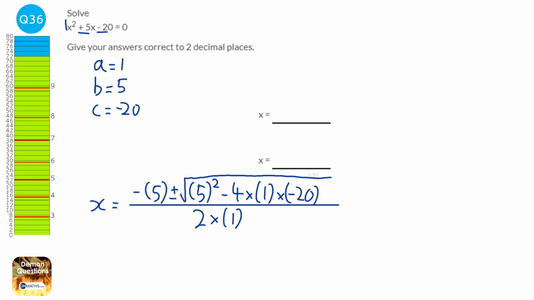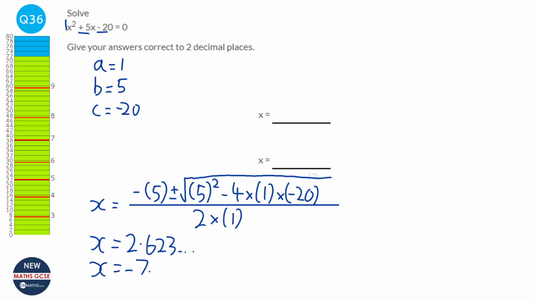And if you type that into the calculator with a plus there, you're going to get the answer of 2.623 blah blah blah. If you go back on the calculator, use the cursor keys to change that to a minus, you get the answer of minus 7.623 blah blah blah. Rounded to two decimal places, that's going to be 2.62 and minus 7.62.